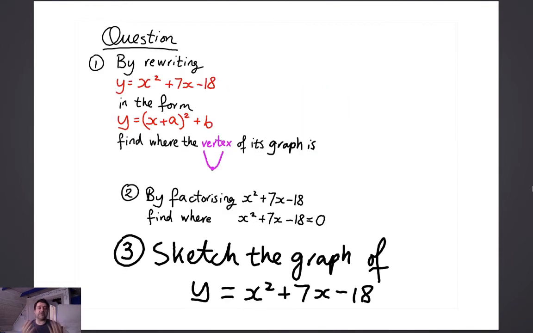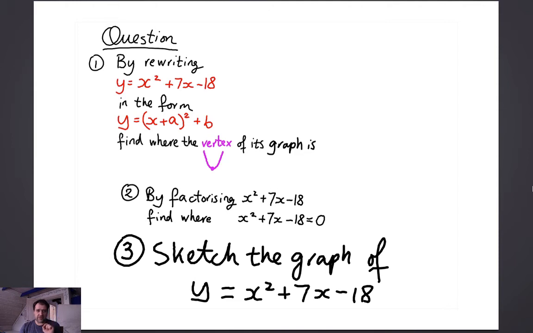So here's a question. By rewriting y equals x squared plus 7x minus 18 in the form y equals (x plus something) squared plus b, find out where the vertex of the graph is, so find out where it bottoms out.